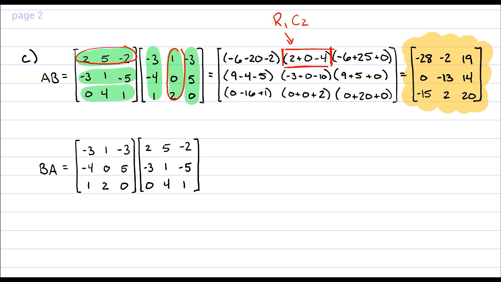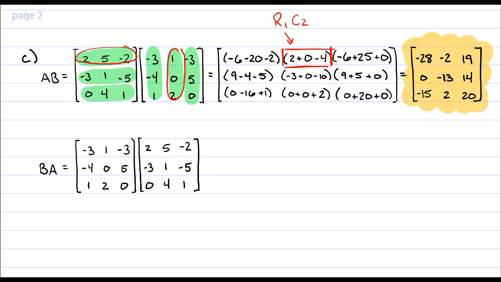And then when I multiply these, I get 2 times 1, so I multiply the first entries to get the 2, plus 5 times 0, so that's where the 0 comes from, plus minus 2 times 2, so that's where the minus 4 comes from. Okay? So that's how I get that calculation.